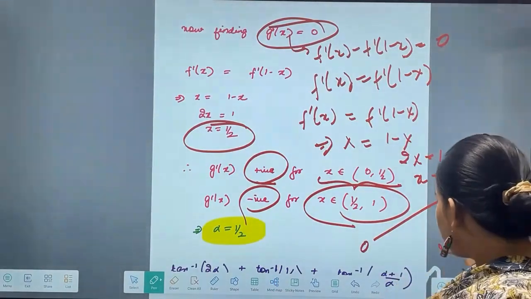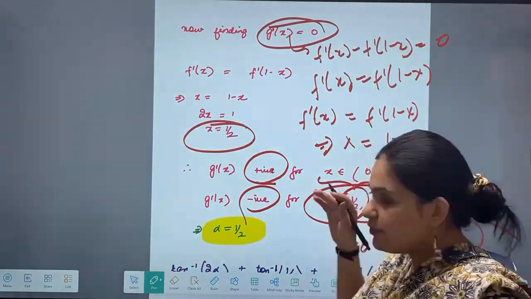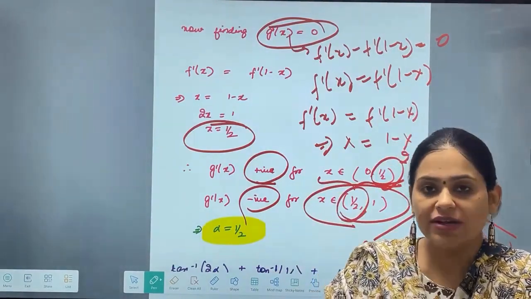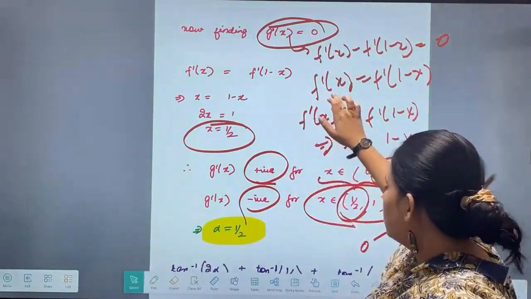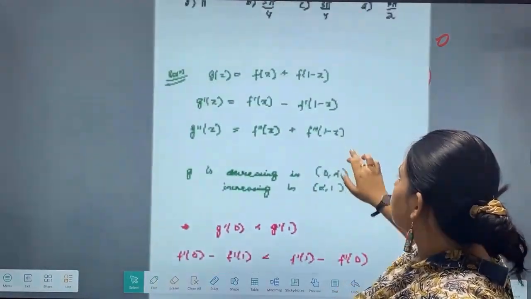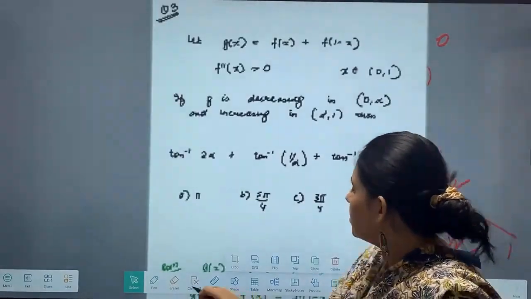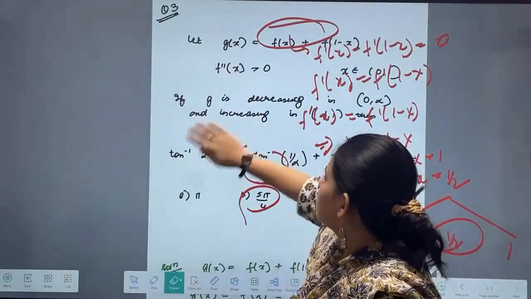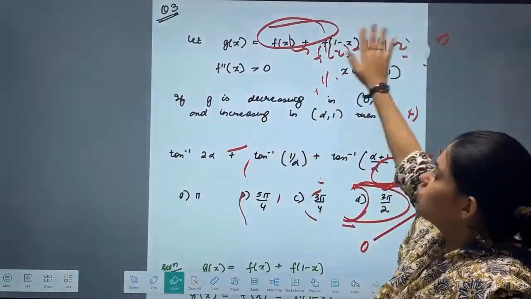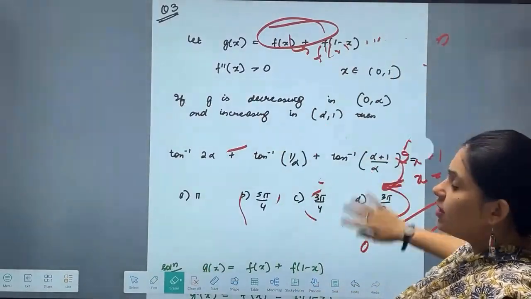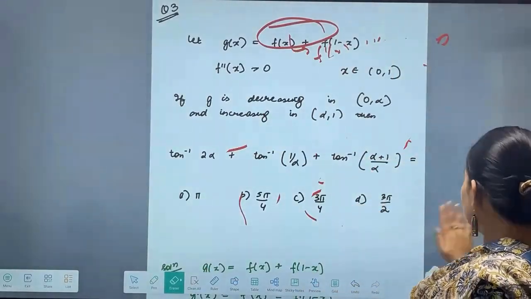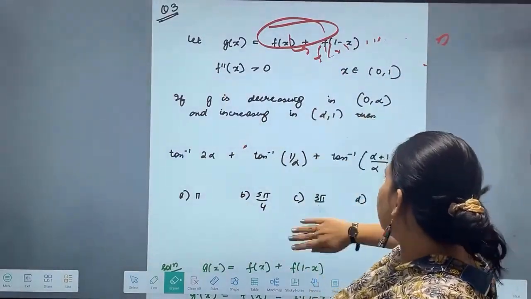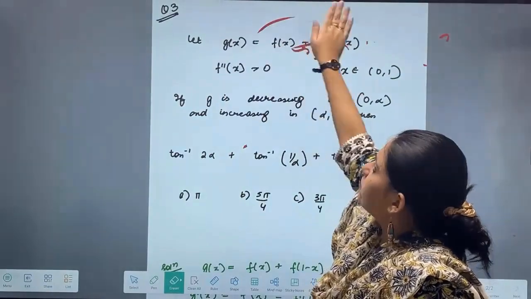So ये alpha का value क्या आ गया? किस point पे function has that cut off point? Half, right? So we have been able to derive this. ये जो alpha था ना, we have been able to derive this. If you just read back the question, g is decreasing in 0 to alpha and increasing in alpha to 1. ये जो alpha है, this alpha itself is half for me. This is what I have derived.